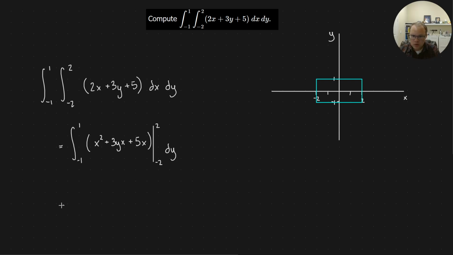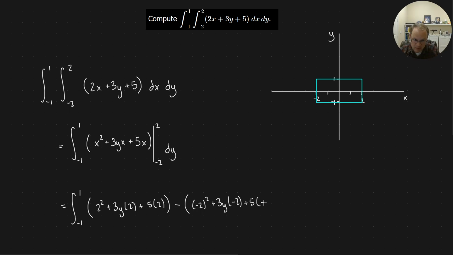Okay, so let's plug in. Plug in 2 squared plus 3y times 2 plus 5 times 2. Top limit first, and then subtract what I get when I plug in the bottom limit. -2 squared plus 3y times -2 plus 5 times -2, dy.